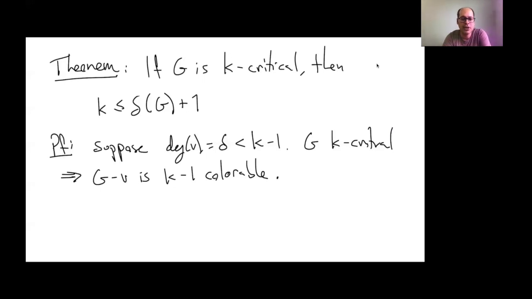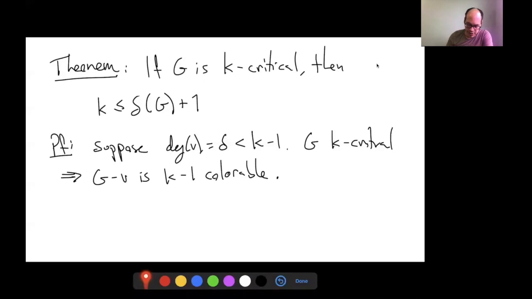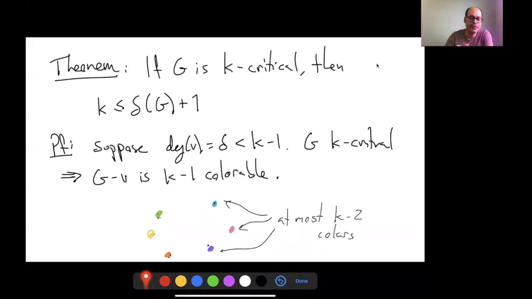Now, because you're k-critical, you know that if you remove that vertex, then you have to be k-1 colorable. Okay, so let's imagine what's going on. We have our original graph, and we have some vertex v. It's connected to some other vertices by some edges. We remove v, and now we know that you can k-1 color that graph.